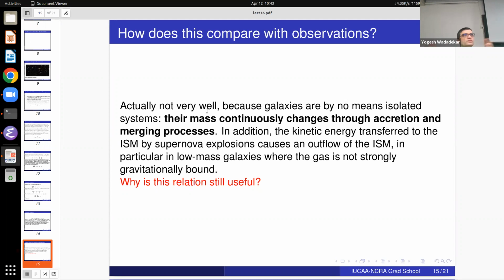So some metals got thrown out of the galaxy. Now, on the other hand, if it is twice, so you expected in a closed box model to have a metallicity of X, but you actually have 2X in the observations. What does that show you? That shows that there is some metal enrichment. So there has been some event by which metal enriched gas has entered into your system. Right?